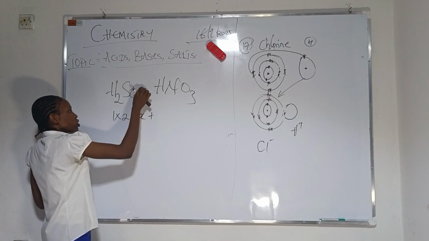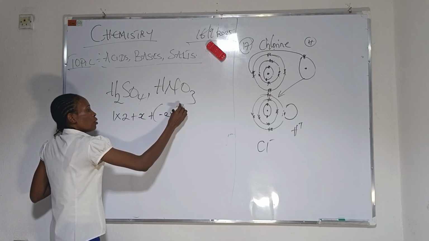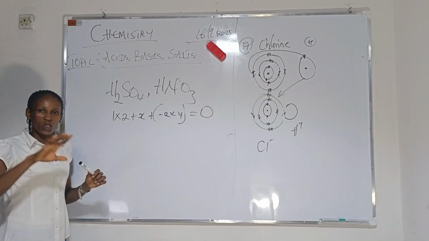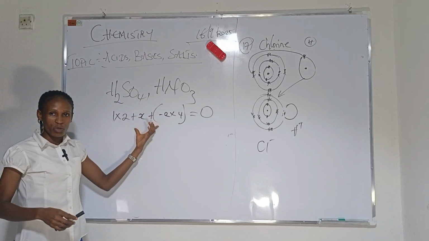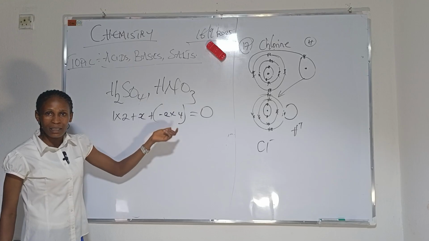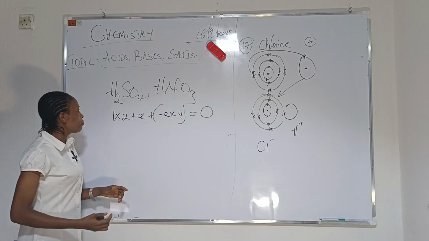I will do minus 2 times 4. The rule says equate it to 0. It's a separate topic you can learn under chemistry, but I'm bringing it up so that you'll be able to name some of your acids. Some students, it marvels me that we don't know how to name our compounds.